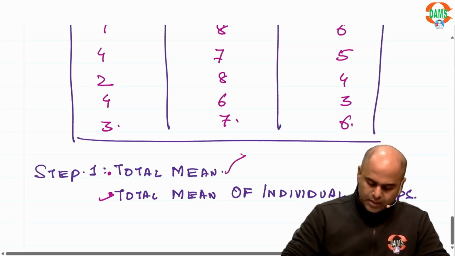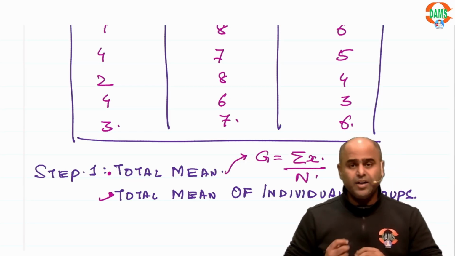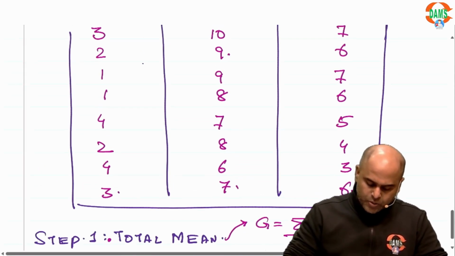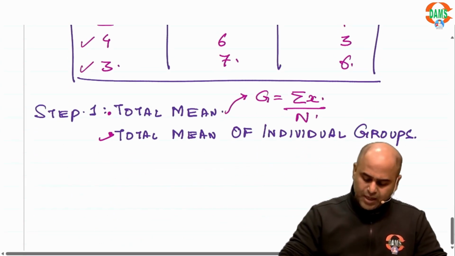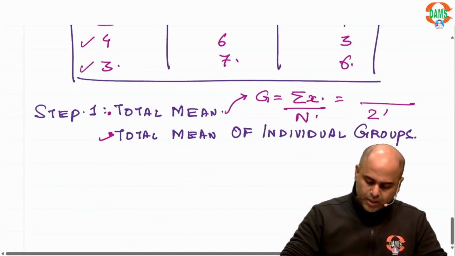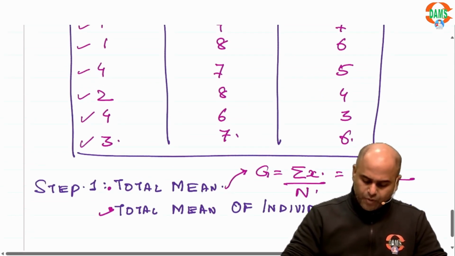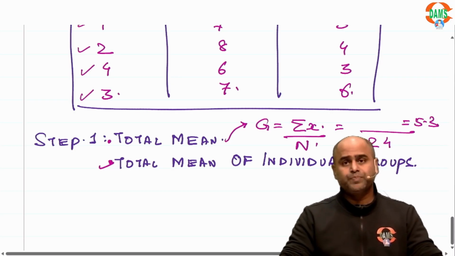Now, how to get the total mean? It will be the sum of all the data divided by the net sample size. So as you can see, 1, 2, 3, 4, 5, 6, 7, 8. Total there are 24 people. The net sample size is 24. And when I add all the values of all the 3 groups, I get a mean value of 5.3.